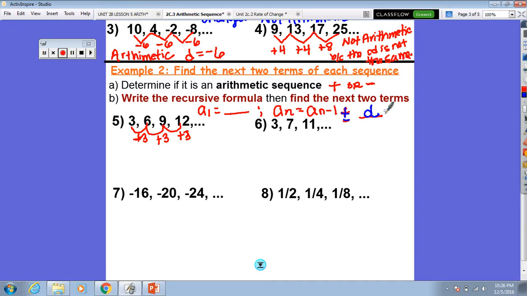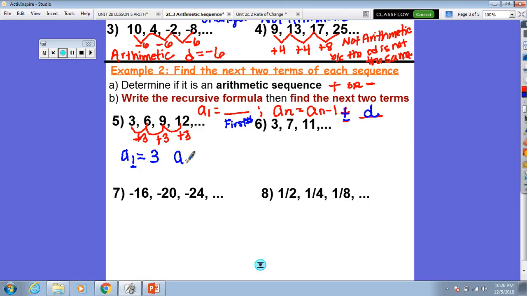That's going to depend on whether you had to add or subtract your d. And a1 is the first number. Okay? So now that we have the formula set up on this side, let's fill it in. So a sub 1, for my example, remember the 1 means what is the first term? 3.